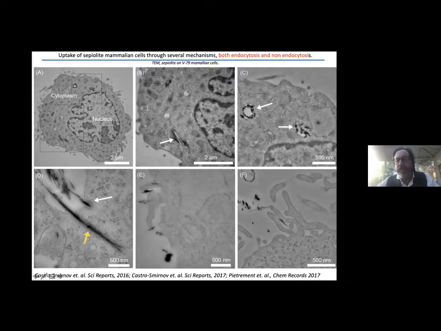These pseudopods can surround the particle, and then the particle is incorporated into the cells and into the membranes, meaning that the main process for sepiolite to be integrated into the cells is what we call the endosome pathway, and then the sepiolite is present in endosomes in the cytoplasm.